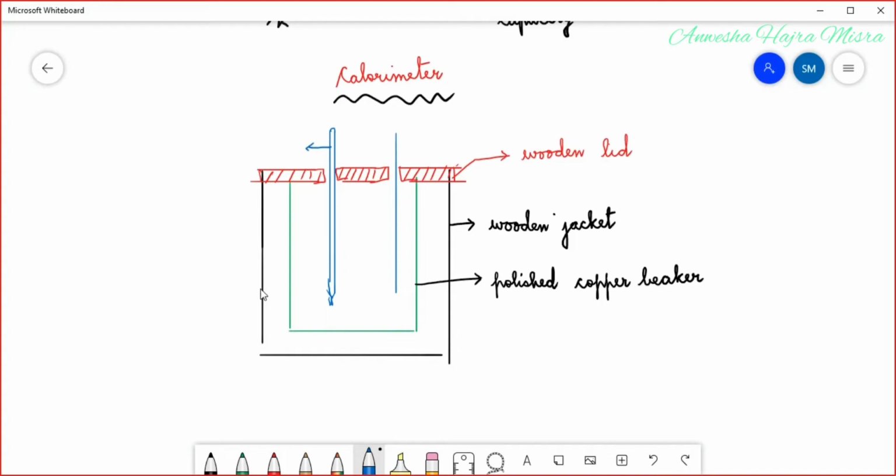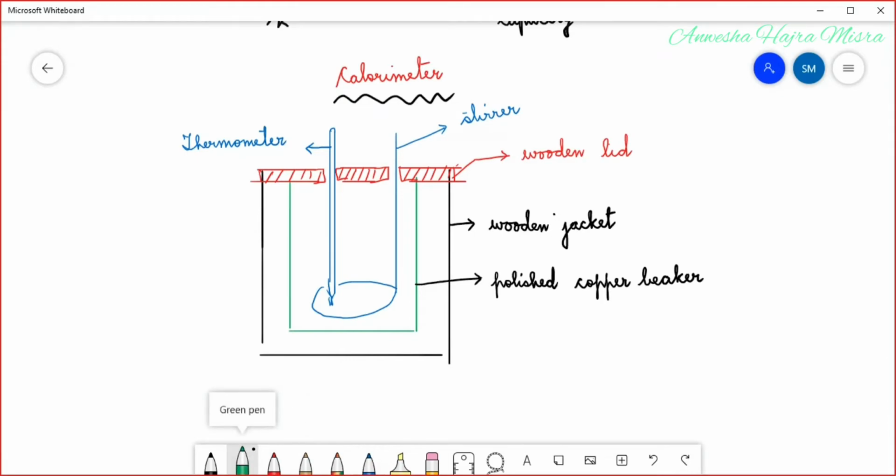This is a thermometer. And this is a stirrer. Now this calorimeter is exactly like a thermoflask.